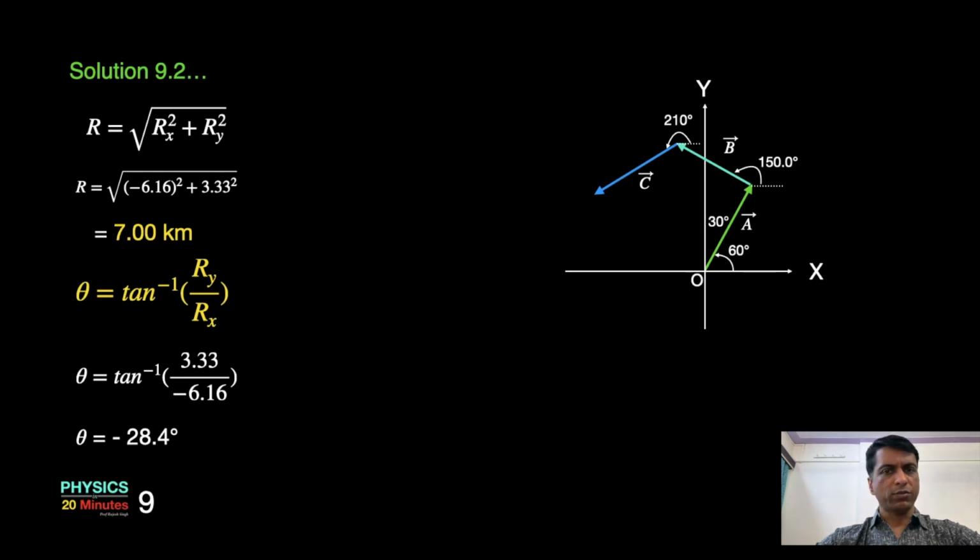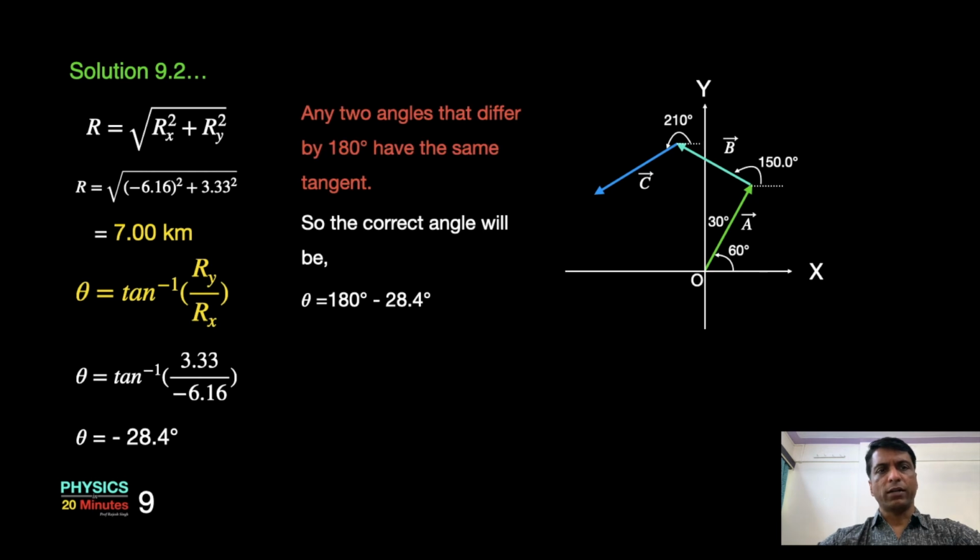Then if it's minus 28 degrees, it must lie somewhere in the fourth quadrant. But you can see from the solution that your resultant vector would lie somewhere in the second quadrant. So as we had mentioned, you have to be careful with the tan inverse, because the tan inverse of two angles differing by 180 degrees is the same. Here you have to add 180 degrees to the theta value to get the real answer.